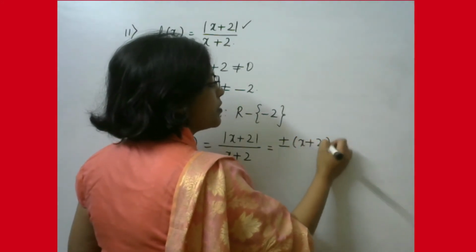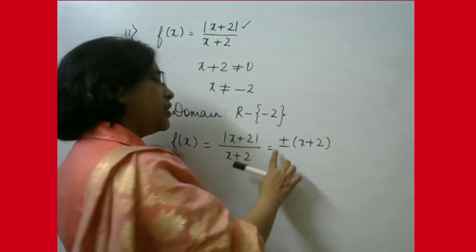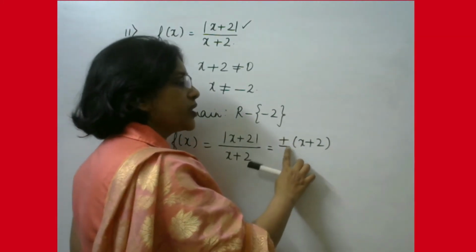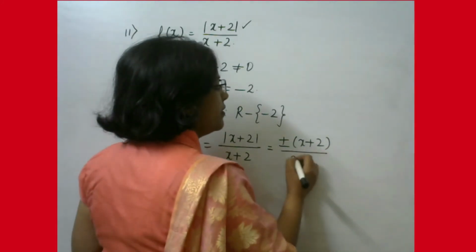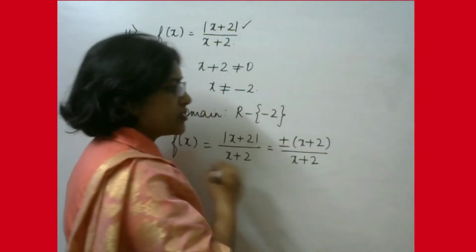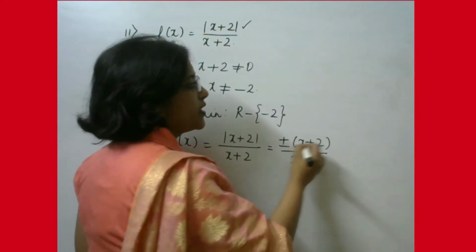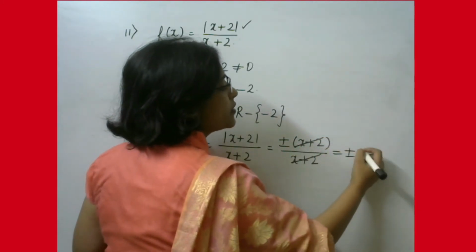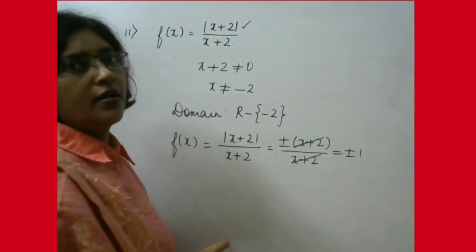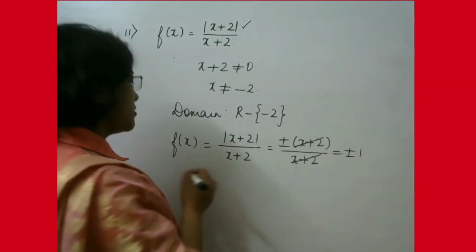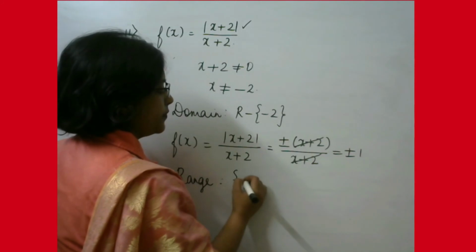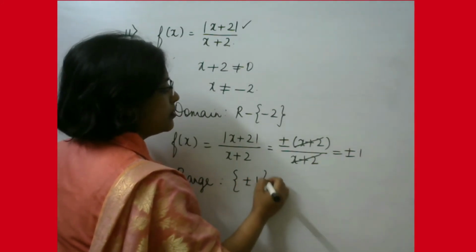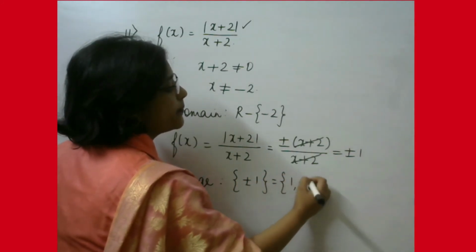So for positive numbers, it's going to remain positive, and for negative numbers, it is going to become minus of minus, which turns out to be positive again. And so we can write plus minus. x plus 2 will get cancelled, and the answer will be either plus 1 or minus 1. So the range is only plus 1 or minus 1.